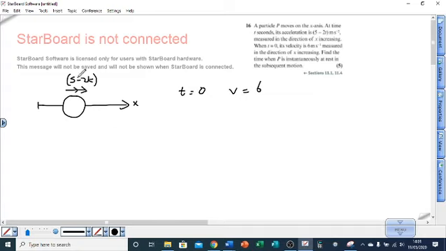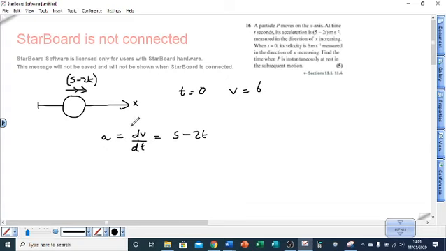So what we've got here is acceleration, and we know that acceleration is equal to dv by dt, and we know that acceleration is actually equal to 5 minus 2t. So if we want to go backwards from acceleration to velocity, we're going to need to integrate both sides with respect to t.